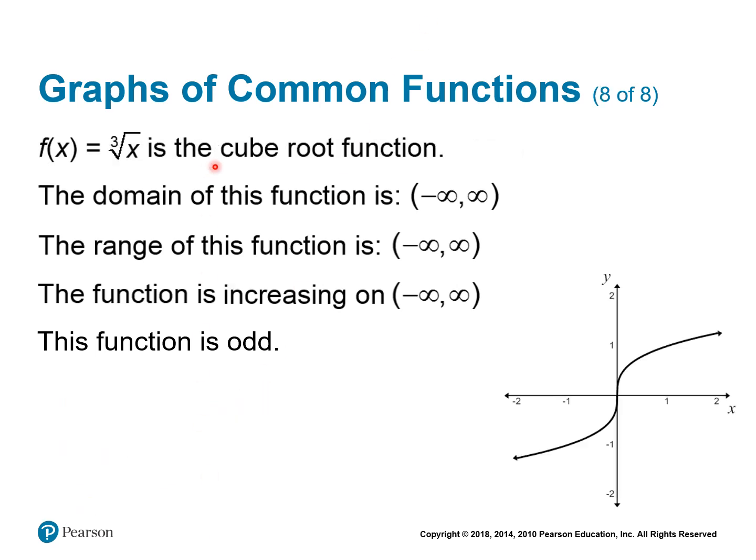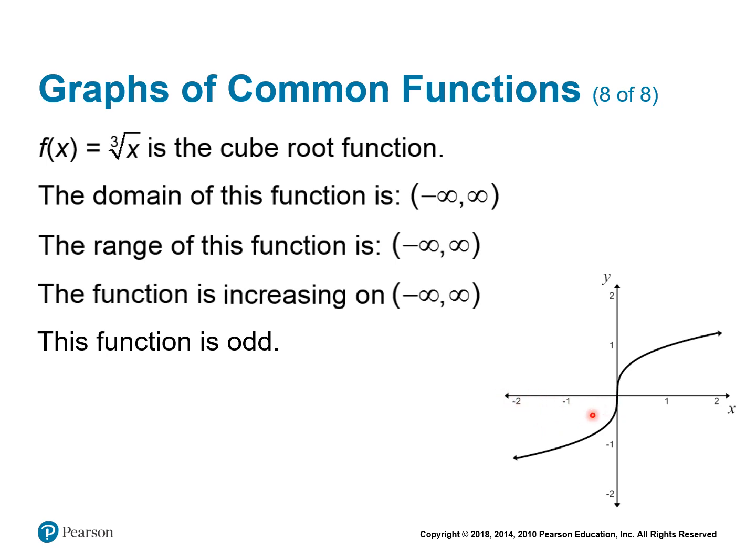And finally, we have the cube root function, which is f of x equals cube root of any x value. So this is how the graph looks. The domain of this function is negative infinity comma infinity. Keep in mind, for the square root function, we cannot input negative values.